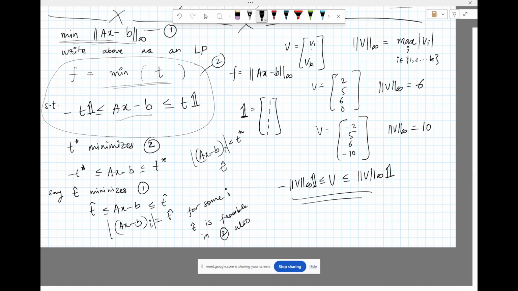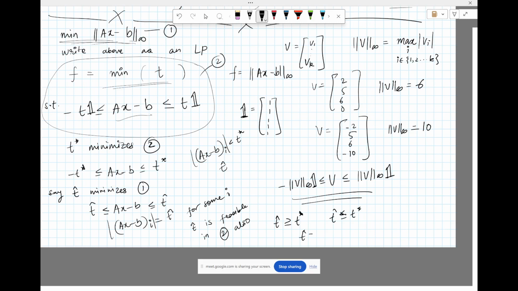Okay. So t hat is greater than or equal to t star, and from this you will get that t hat is less than or equal to t star.